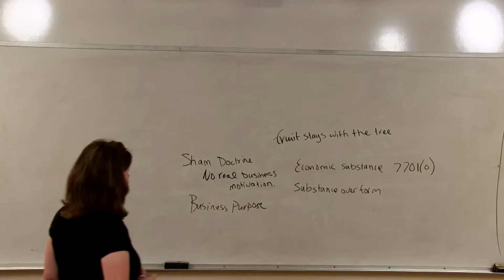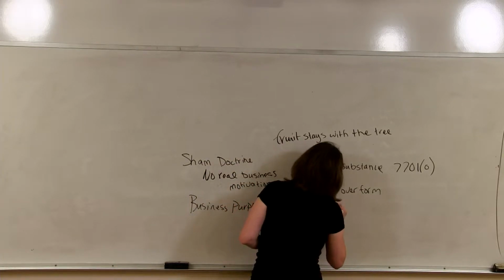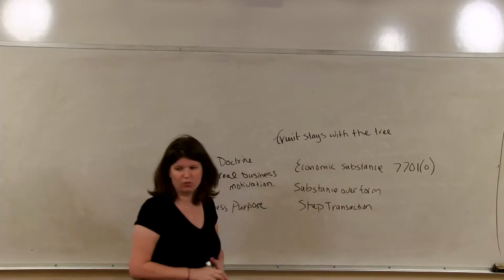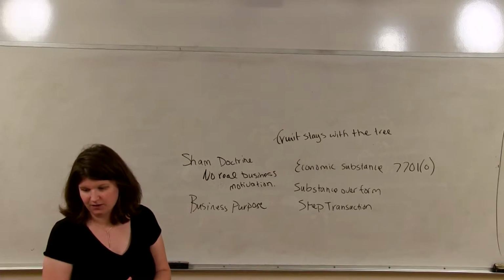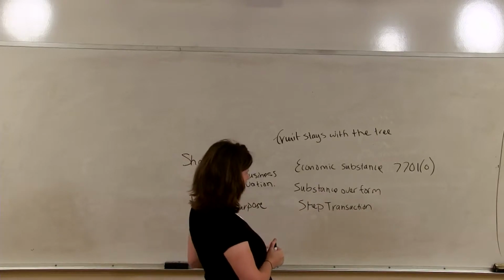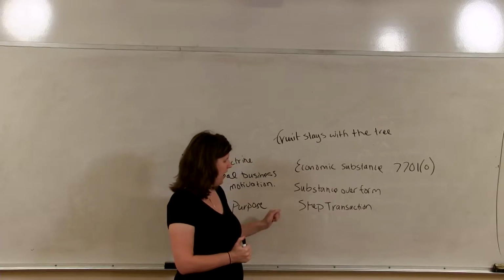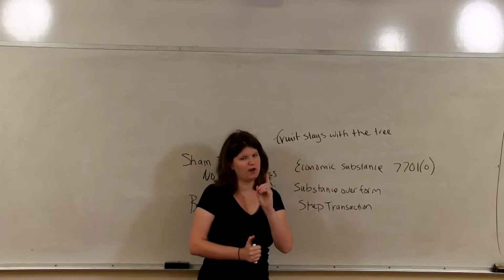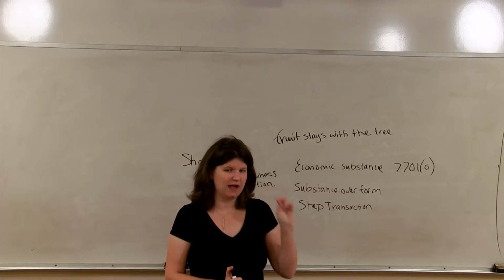The last one I want to discuss, which is also a biggie, is step transaction. Okay? So this is when you have multiple transactions, okay? And you are trying to treat each transaction separately. But the IRS comes in and says, no, what you're really trying to accomplish is one end goal with these 3 or 4 different transactions.